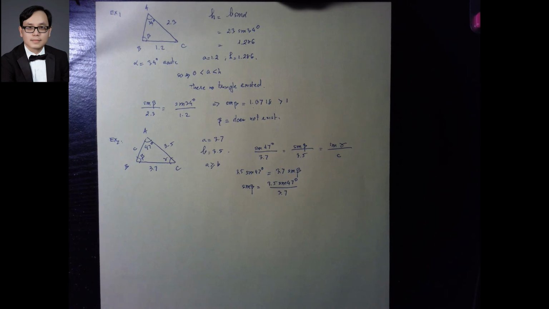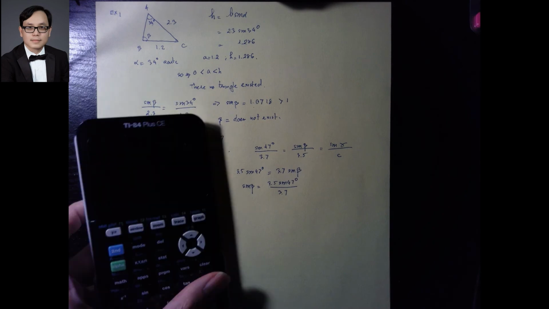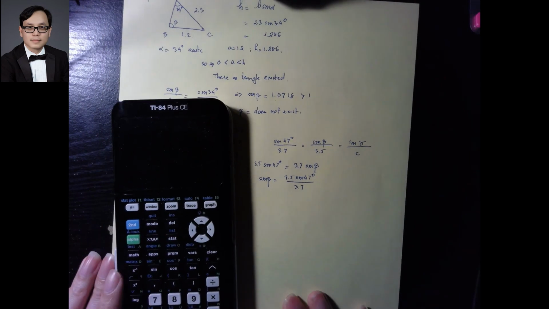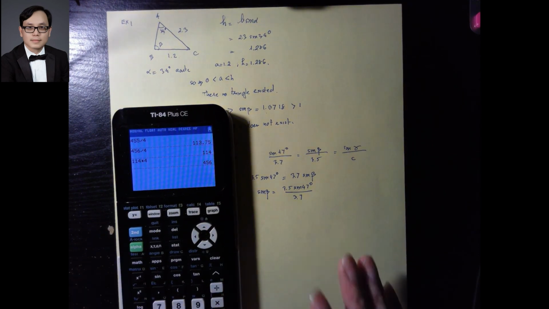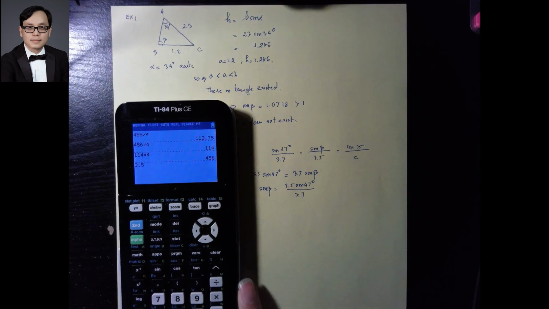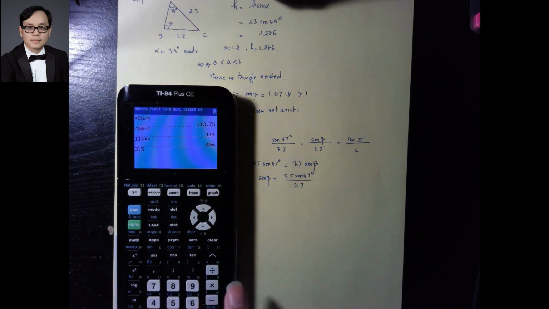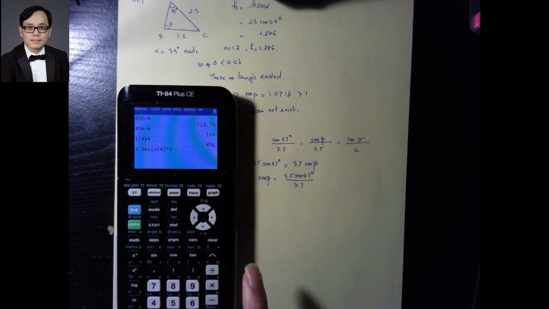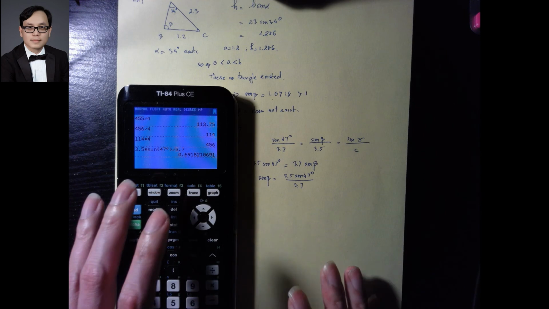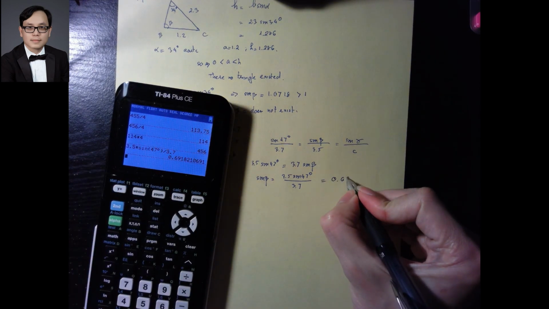Okay, I have 47 degrees, and I have 3.5 times sine of 47 degrees over 3.7, and I get 0.69.